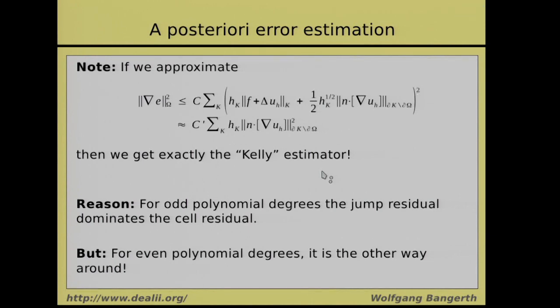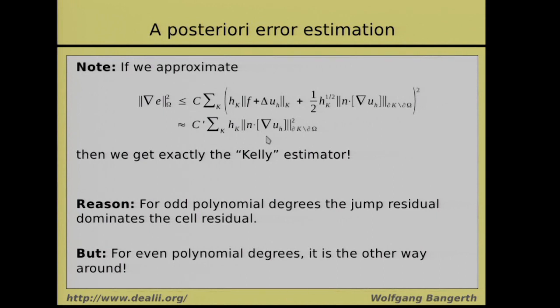So I want to add a few comments to this. The first note is, if I forgot about that first factor, if I just drop the cell residual here, for example, then what you have here is, of course, exactly the Kelly error estimator, or the Kelly refinement indicator that we've talked about in the previous two lectures. There is a good reason for this.